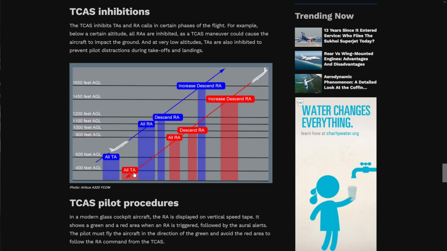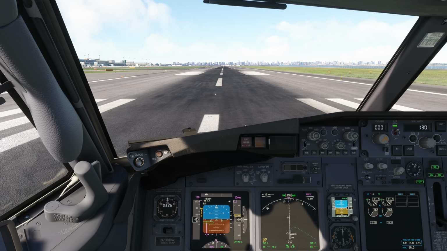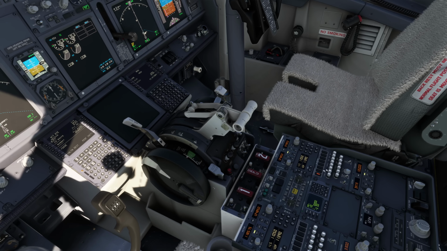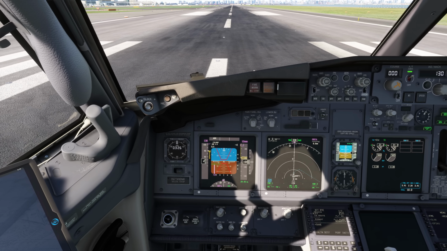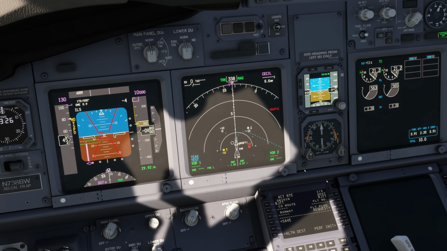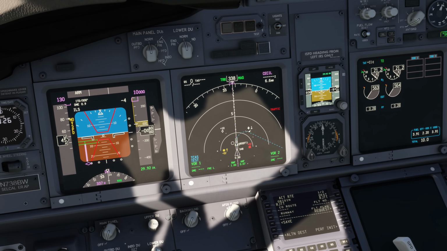Now, for flight simulations especially, there is a slight misconception about the accuracy of TCAS. So, when we just press that test button here again and have a look at the size of our TCAS targets, then you can see that they are rather big. They are much larger than actual aircraft are, otherwise you would barely see them on the screen, if at all. Now, what's important to understand here is that in flight simulators, TCAS is a lot more accurate than it is in the real world.